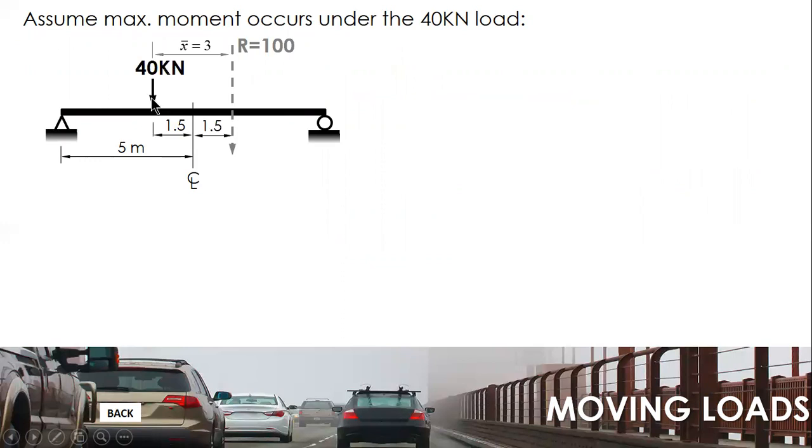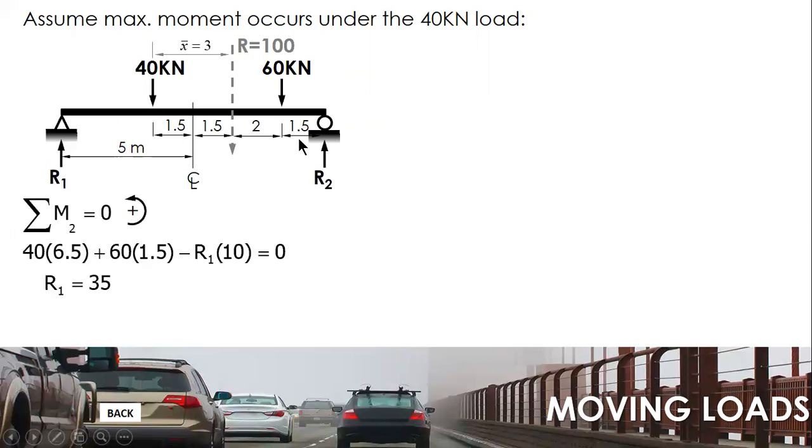So from 40, the remaining distance is 3.5, 3.5 also. And to 60 it's 2, so we have 1.5 here and another 3.5. Now, to get the moment, we solve for the reactions, R1 or R2. Let us solve for R1. Let's sum up moment at 2.